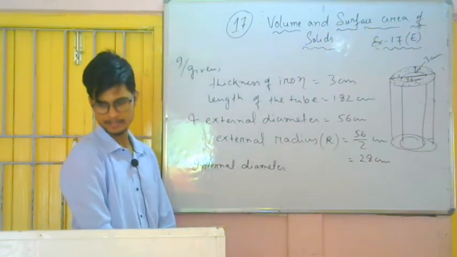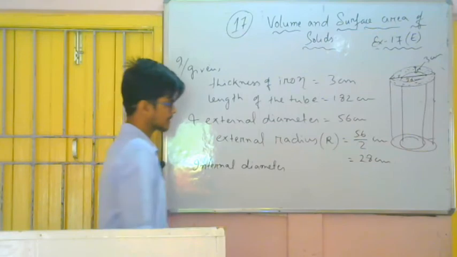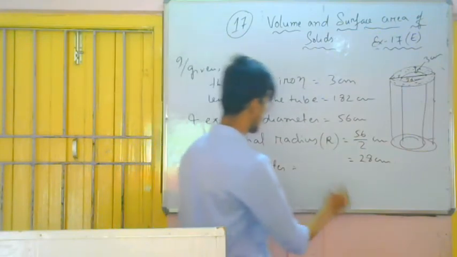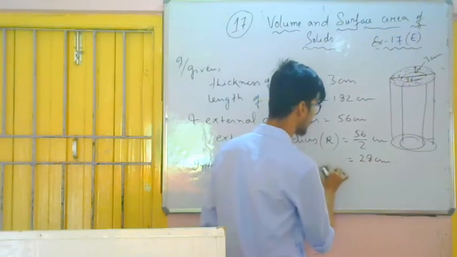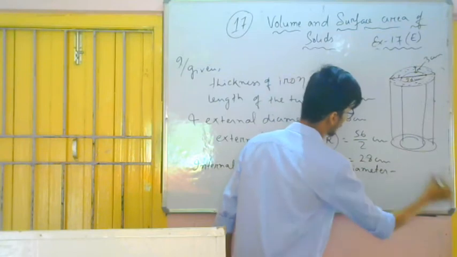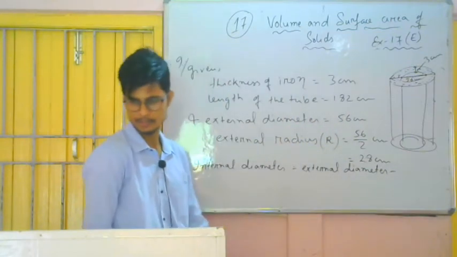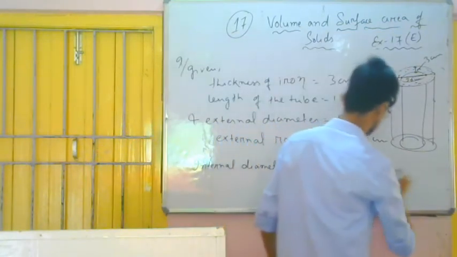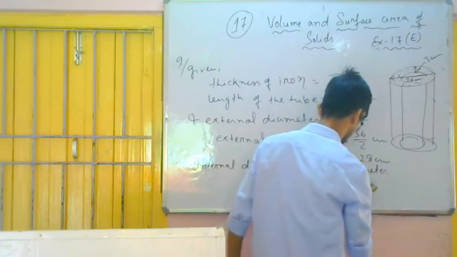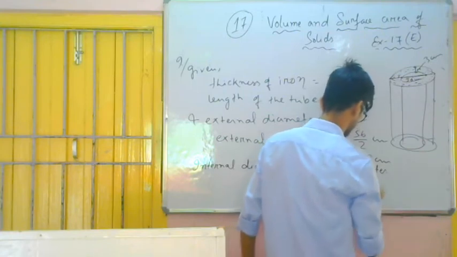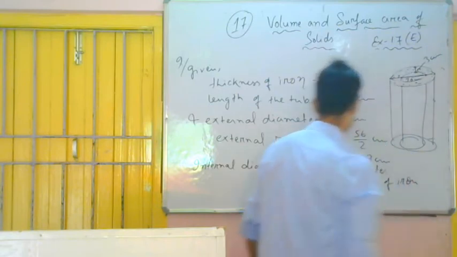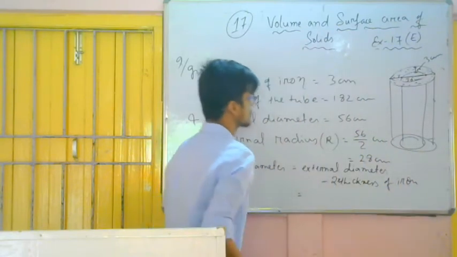So internal diameter will be equal to external diameter minus 2 into thickness of iron.